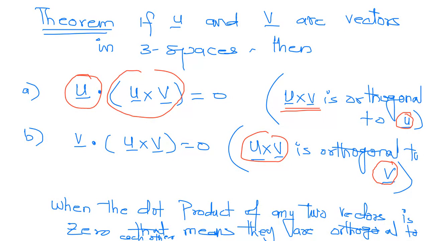I will give you one example of how to find a vector orthogonal to two vectors.